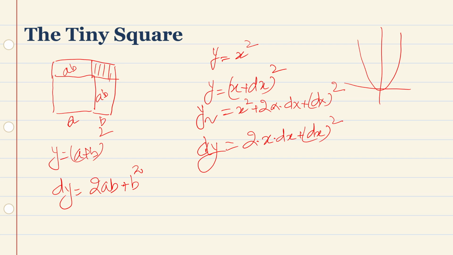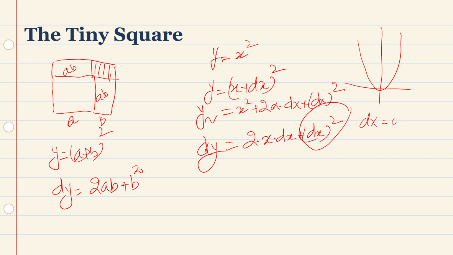If we project the same idea on the curve, if dx, the change in the value of x, is made very small, which part of this change in the value of y becomes so small that its impact on the overall change in dy is not significant? And the answer is dx squared.